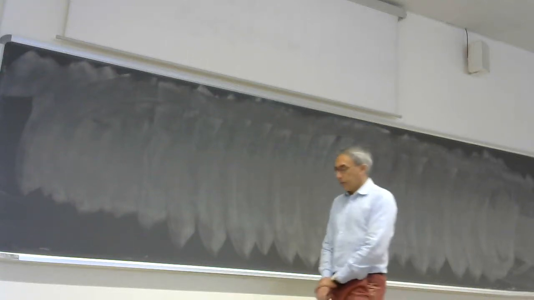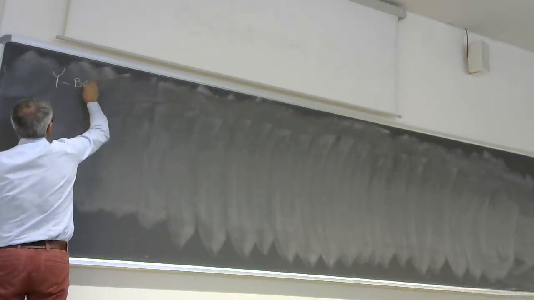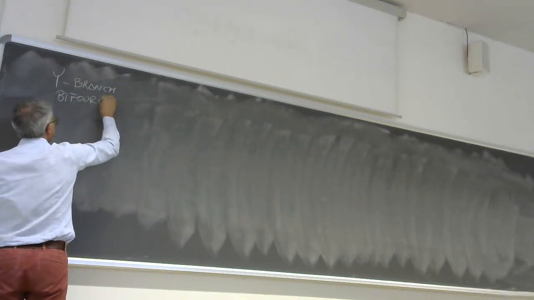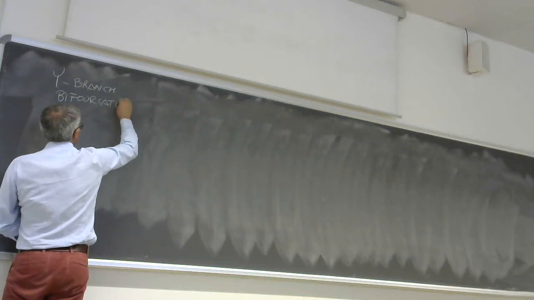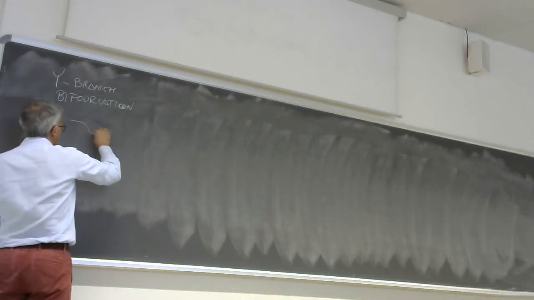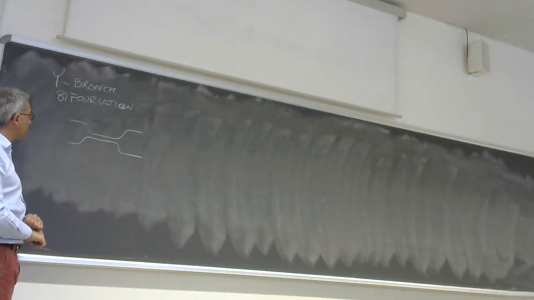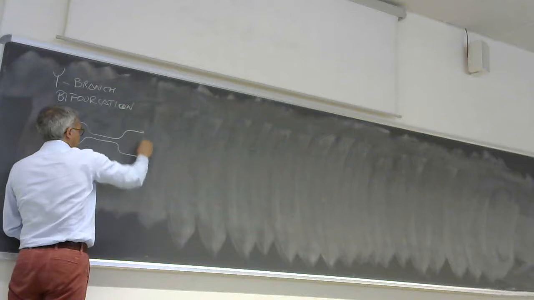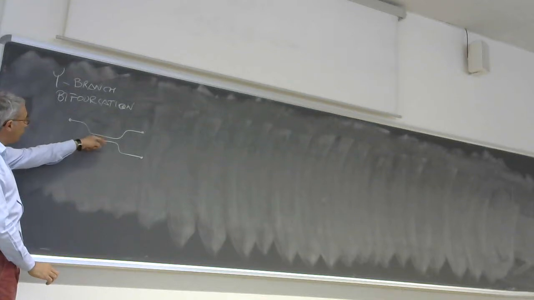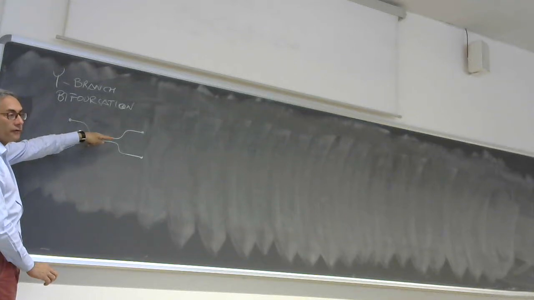The next topic is the Y-branch, or bifurcation. So the directional coupler is a device with two inputs, two outputs, and the coupling here occurs because of the evanescent field between the two waveguides.